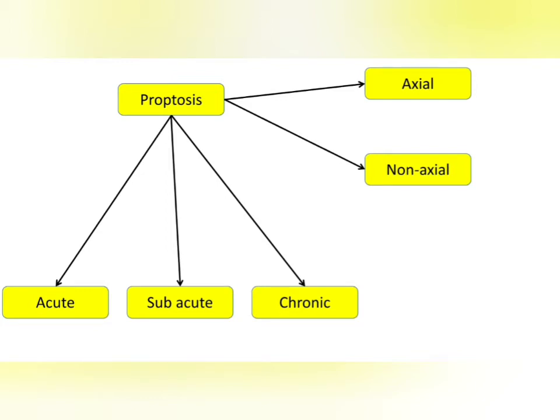Depending on the deviation of the eyeball, you can assess at what location the lesion is. Axial proptosis can be due to optic nerve tumor or cavernous hemangioma, and non-axial proptosis can be due to orbital tumor or lacrimal gland lesion. I will show the pictures in later slides.